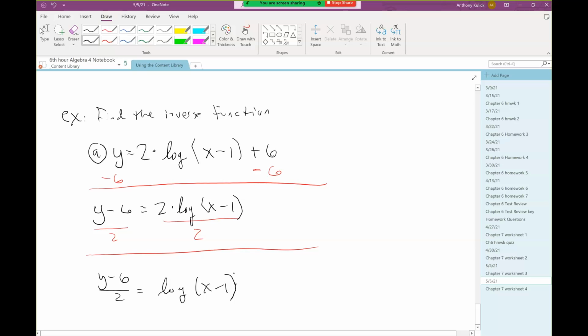Okay. Now we got to get rid of this log here, right? So what's going to cancel out that? Okay, so the base on the logarithm is 10. That's good. We'll need that. So what can we do to both sides that's going to cancel out that logarithm?